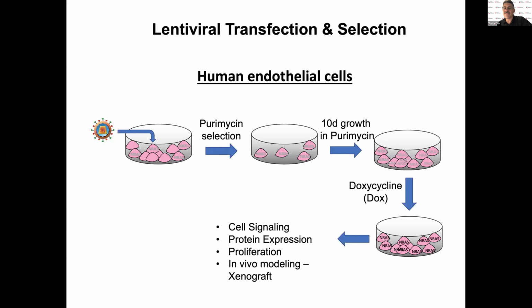So this is a really powerful technique which allows us to basically, like a light switch, turn either mutant gene on or off, or normal gene on or off in these cells. And then we can study how that mutant gene compared to the normal gene affects how the cells signal within the cell and between each cell, and how it affects the expression of the proteins made by those cells.